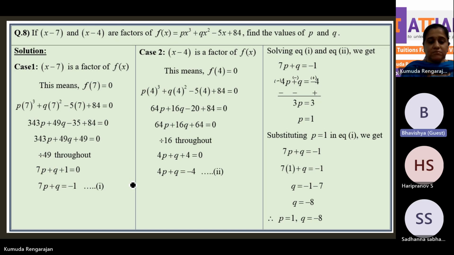Ma'am, I have shared the photo through WhatsApp. Okay. Oh, yes, Bhavishya. I just noticed. Yes, you're right, Bhavishya. Very good.